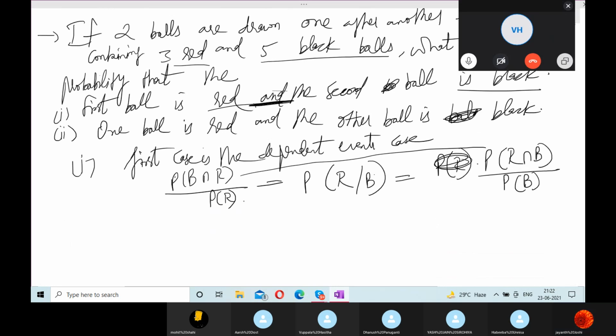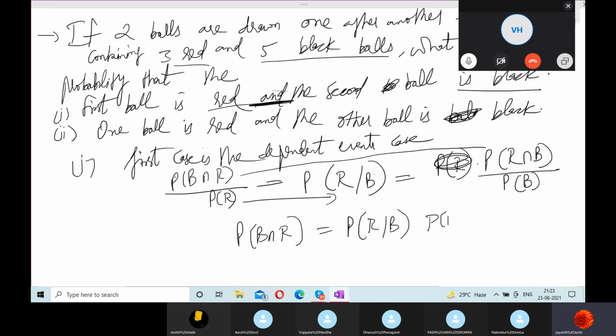Probability of black and red. So probability of red given black ball into probability of red ball. Okay. So probability of red ball is what? Very simple. In the question they have given 3 red balls are there. Okay. And 5 black balls are there.